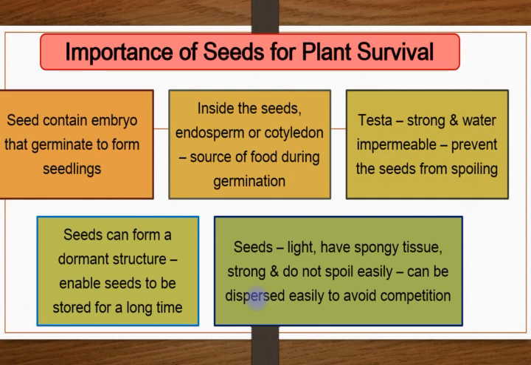They are dispersed by wind, water, animals and also humans. That is the importance of seeds for survival. A seed is very important. I repeat, a seed is very important to ensure germination and to grow a new generation of plants.